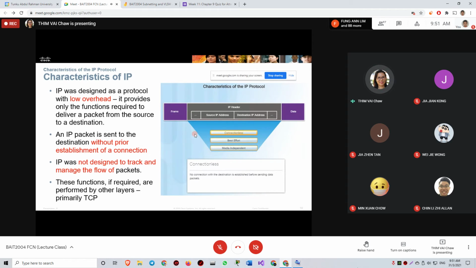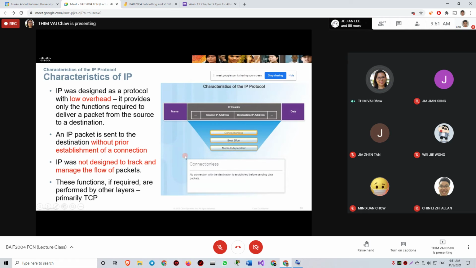What does this mean? Under IPv4, and not only IPv4 but IPv6 also, they have the same characteristics: connectionless, best effort, and media independent.